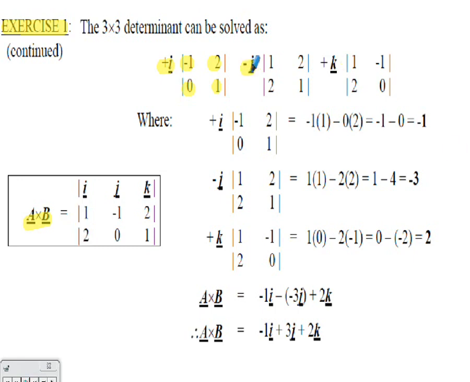To get the minus j coefficients, that will be 1, 2, 2 and 1. Again we get that by covering up the j column and reading the coefficients. And finally, to get the plus k determinant, that will be 1, minus 1, 2 and 0, and we get that by covering up the k column and reading the coefficients.